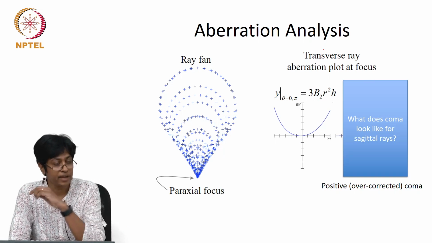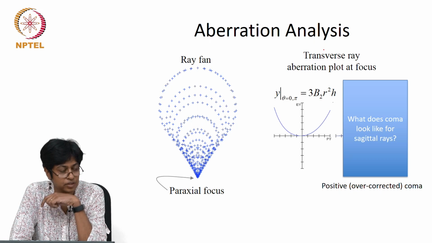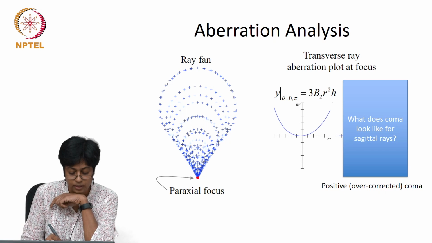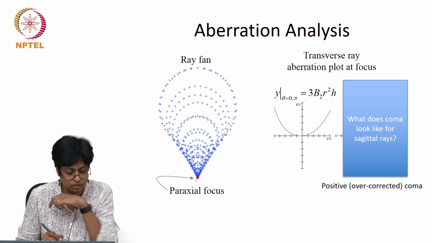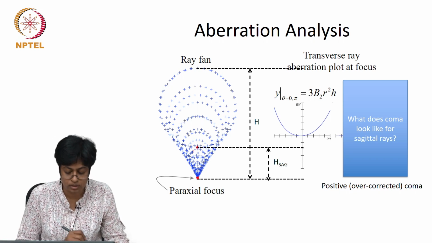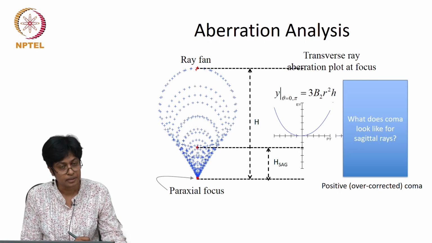So the ray fan, if you look at the paraxial image plane, is going to look like this figure on the left. The paraxial focus is down here, and the sagittal focus, let me show you that. So the sagittal focus is here, the tangential focus is here, right?